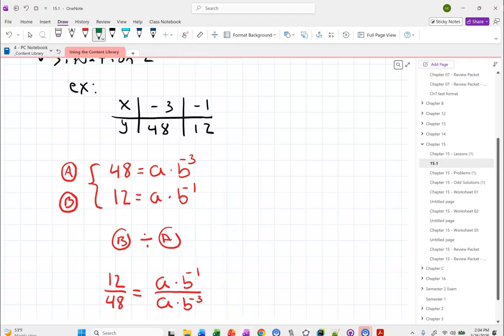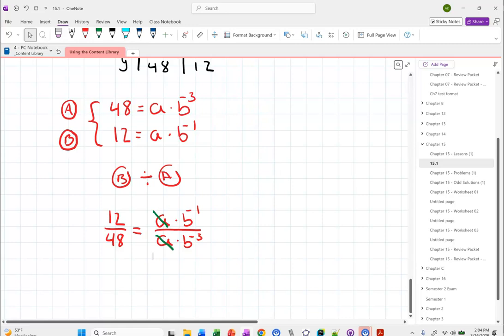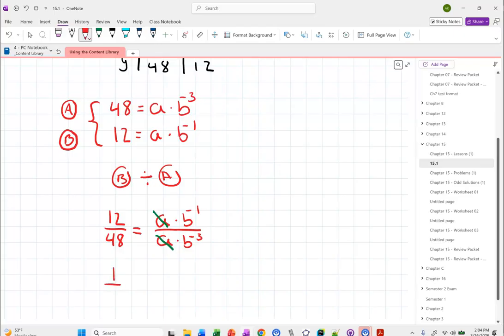Look at that right-hand side of the equation. Do you notice that anything you can do there? I can reduce the A's. And then how do I deal with division of numbers that have the same base but different exponents? What was the rule of exponents I used there? Subtract the exponents. Yes, I subtract the exponents. Very good, Nick.